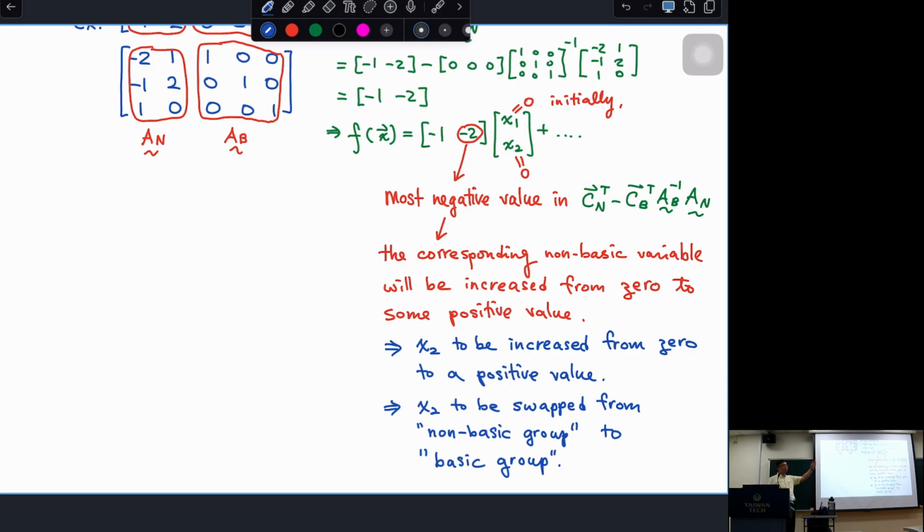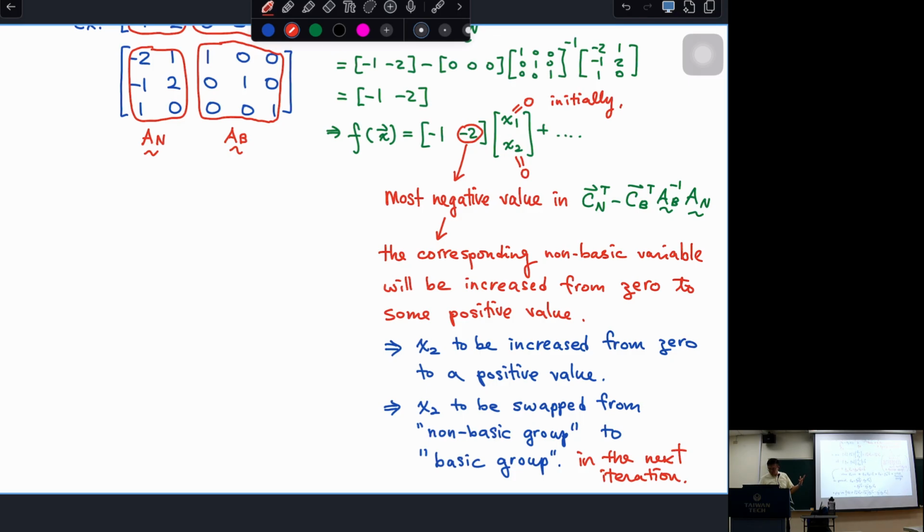But when we pick up a non-basic and say in the next iteration, so here, very important, in the next iteration, x2 will be a basic variable. So we will have one more basic. That means we will have too many basic variables.